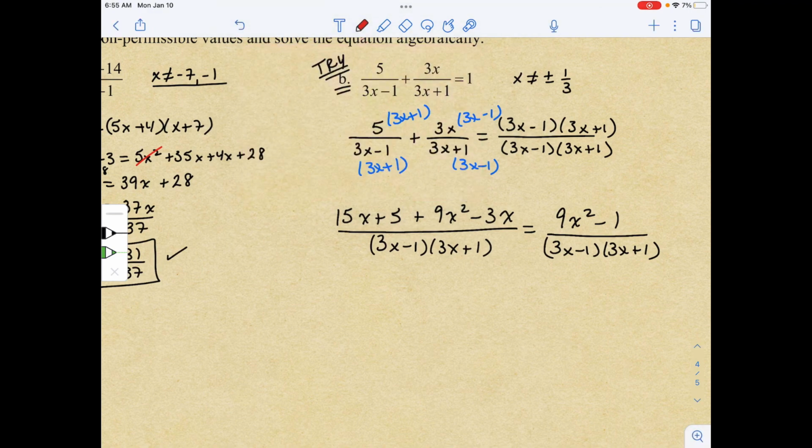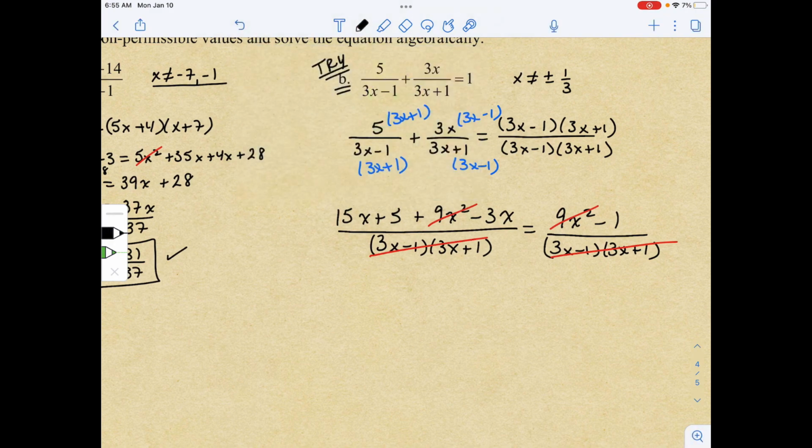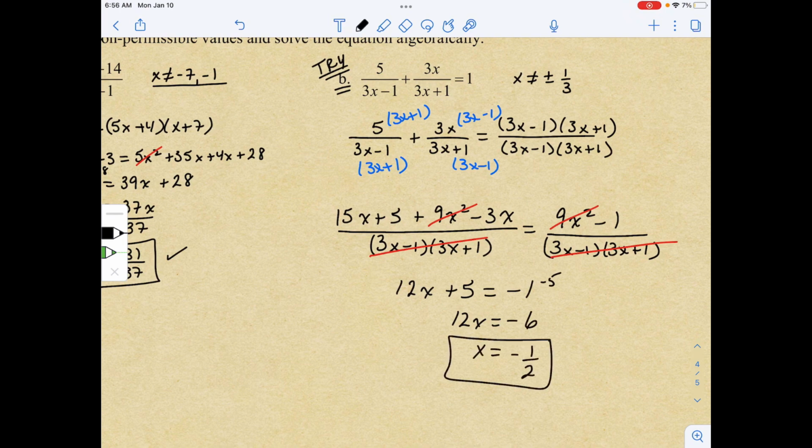Okay, and now our denominators are the same, so we can drop those denominators. I also note that I've got a 9x squared on both sides, so we can cancel those 9x squareds. And we've got 12x plus 5 equals negative 1. So 12x is equal to negative 6. x is negative 1/2.